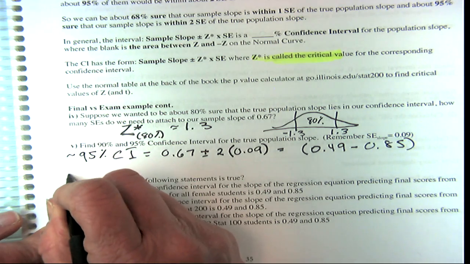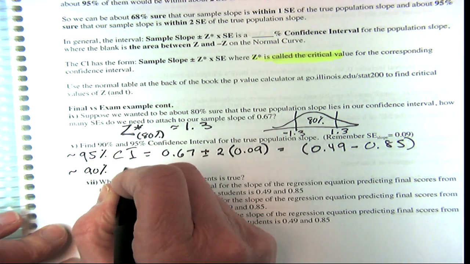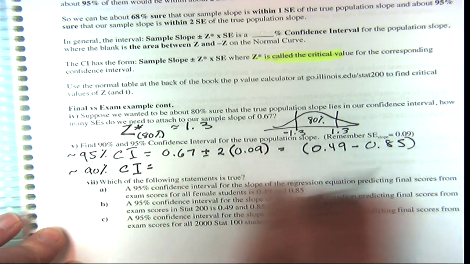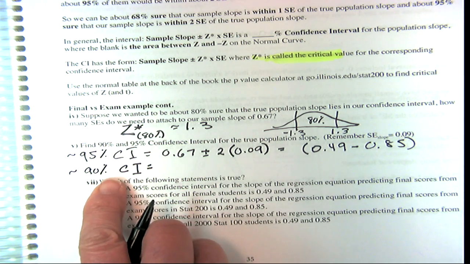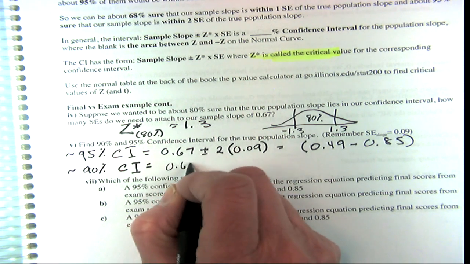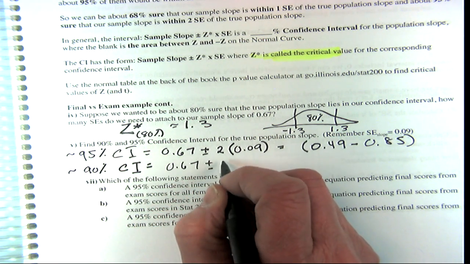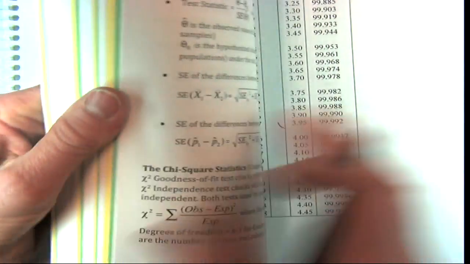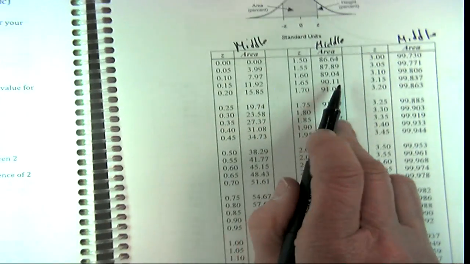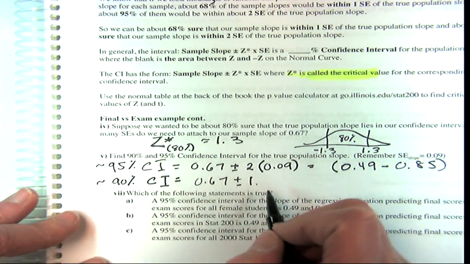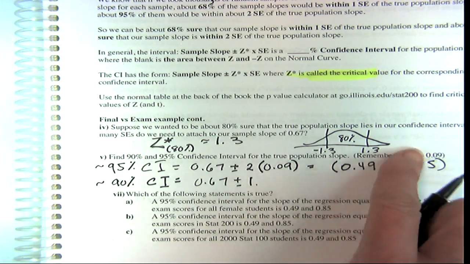And if we wanted to do a 90% confidence interval, we're not going to be as sure. The critical value would only be 1.65. So we're not going to be as sure, so it will be a smaller range. If we wanted to be 100% sure, we could have a really big range.